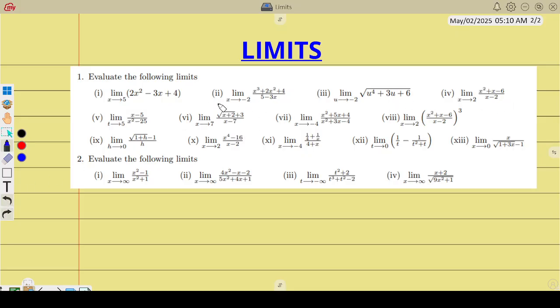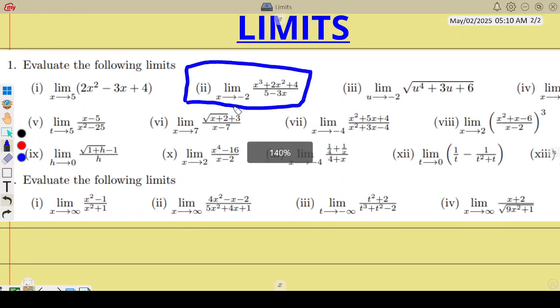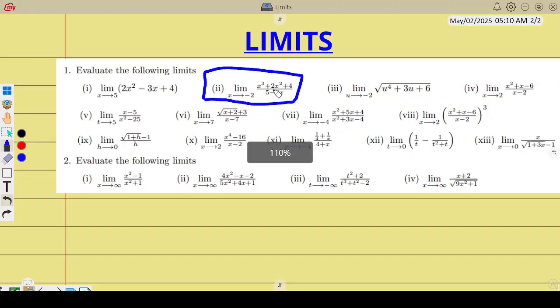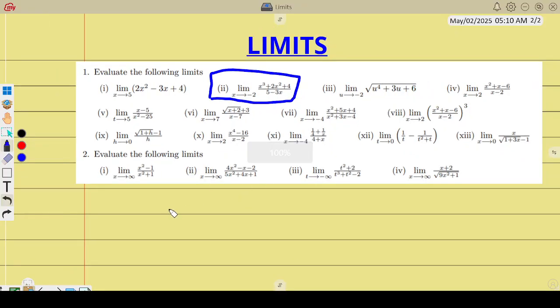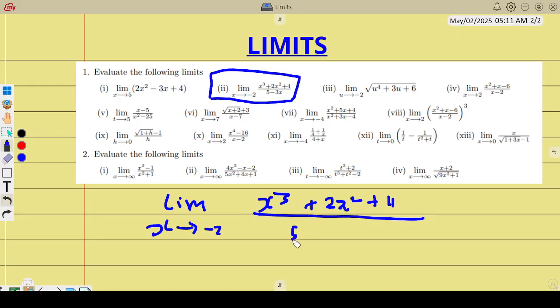So for example, if I pick this one, to evaluate the limit as x approaches negative 2, we're going to say the limit as x approaches negative 2 of this function: 2x squared plus 4 over 5 minus 3x. So we are going to substitute.